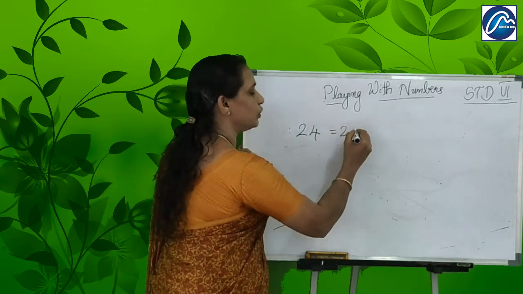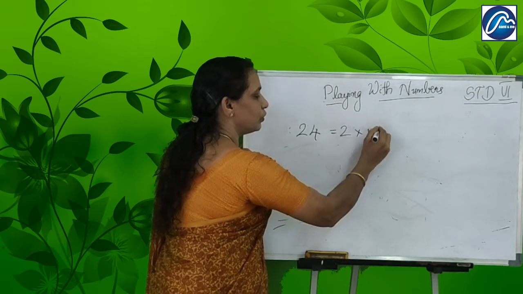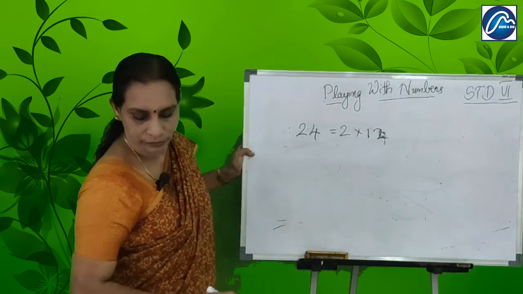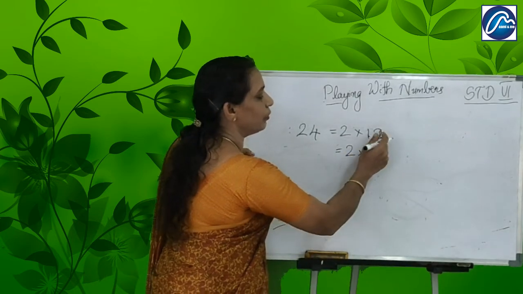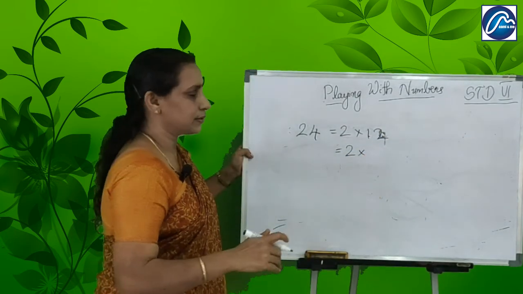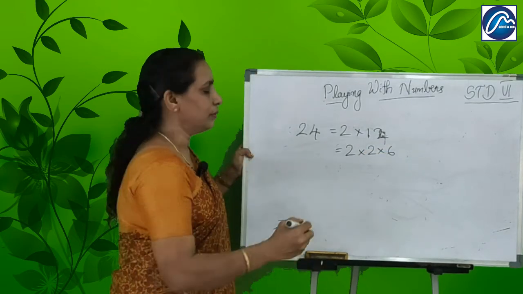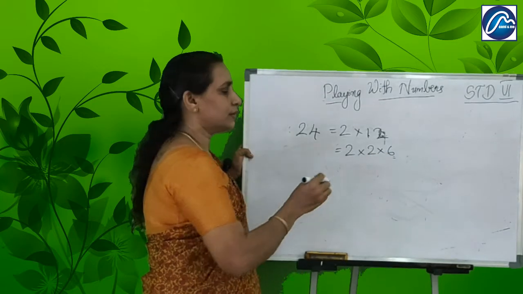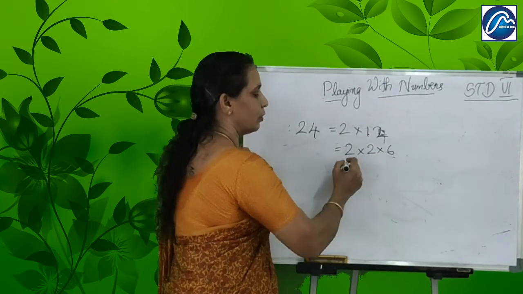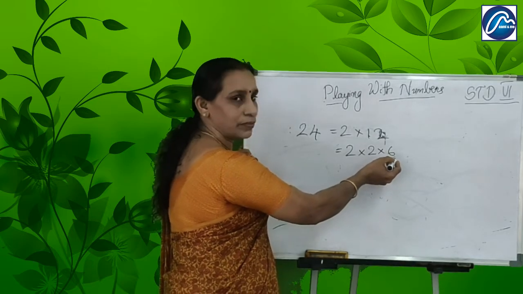24 is 2 into 12. Okay. Then 12 you can still factorize. 12 is 2 into 6. And we can still divide this further, to get factors of this number.